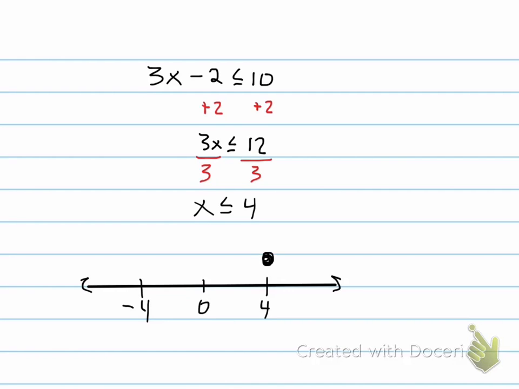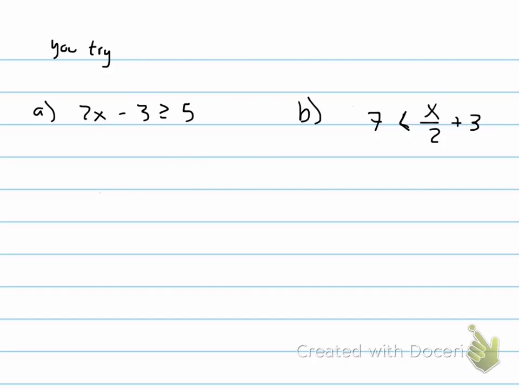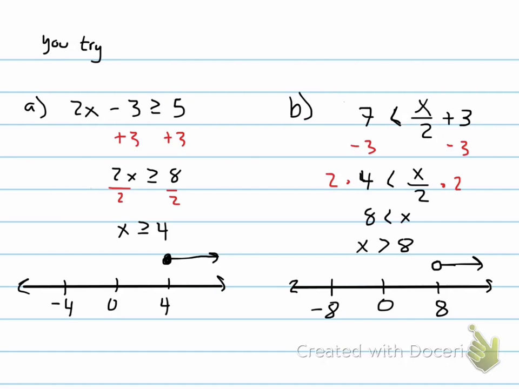So it's a closed circle because it's less than or equal to, and it goes this way. That should be a little straighter, but, you know, I'm not the best at drawing. So I'll pause here. You guys try these. B is going to be a little tricky, but try not to get too hopped up. Here are the answers.